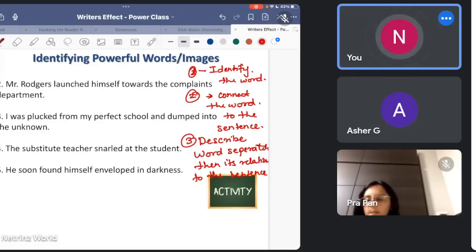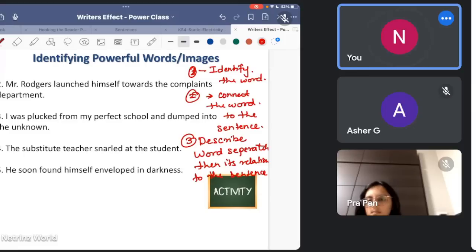Instead of removed, we could have used the word unwillingly removed. Unwillingly, because here it shows that the person writing this is not willing to move out, because they have used the word perfect. I was plucked from my perfect school and dumped into the unknown.